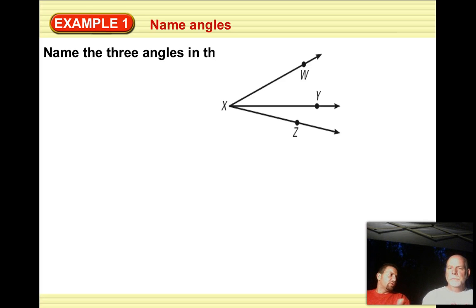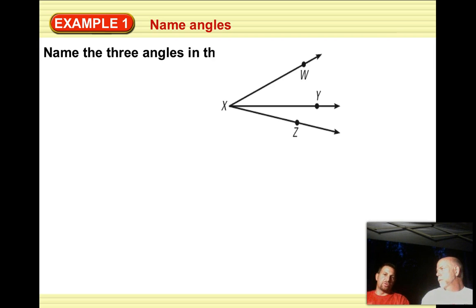But this addresses what you were just talking about, with that ray coming out of the largest angle in there. You can't just call this angle X because there are 3 different angles that X could be. You have to be really careful here, guys, that when you see this kind of diagram where there are multiple angles within one large angle, you label it correctly.